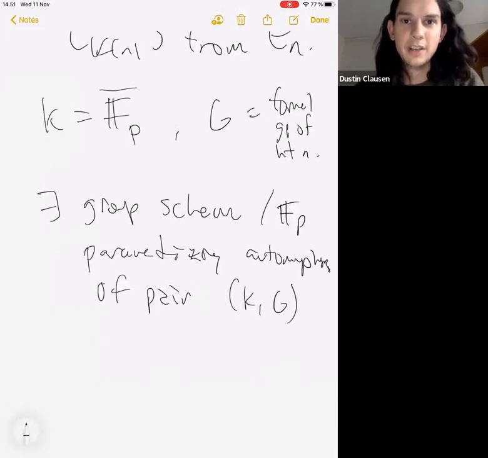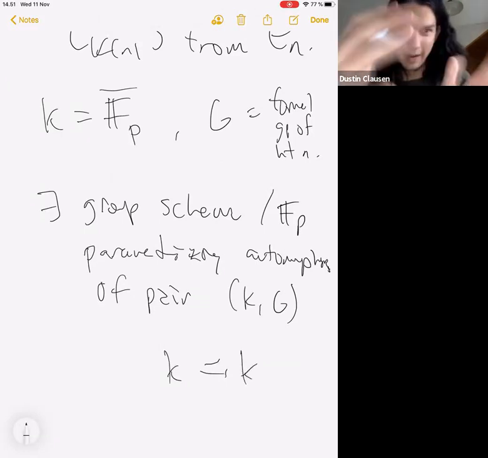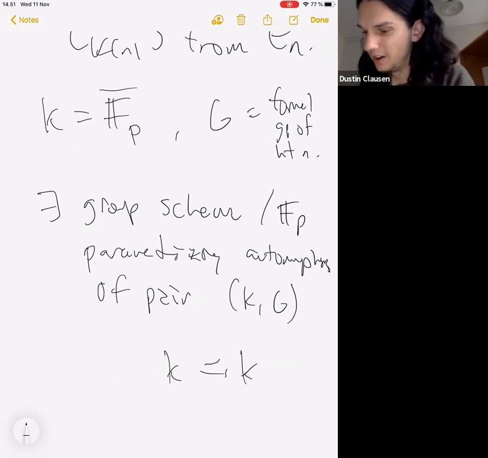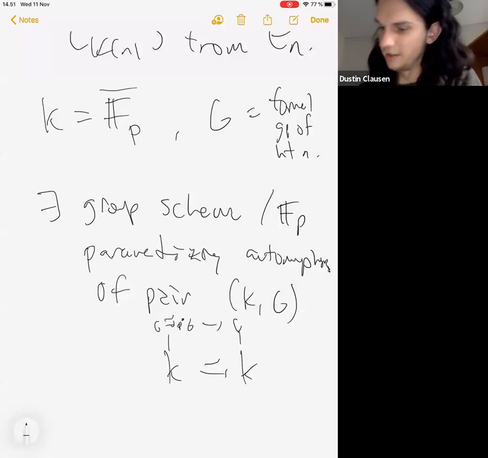In other words, you give yourself a field automorphism, tensored with some parameter F_p-algebra R, and then an isomorphism of the pullback of G with G itself, making the diagram commute.